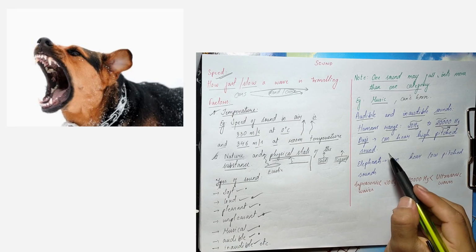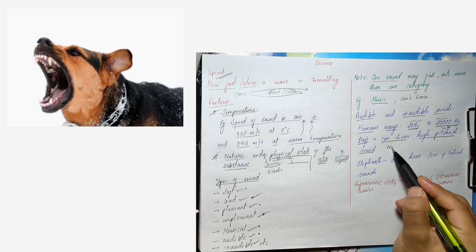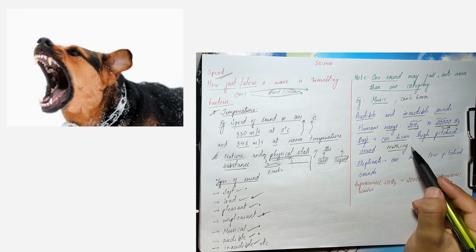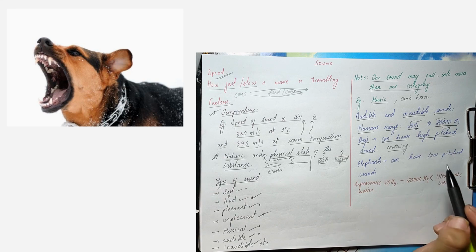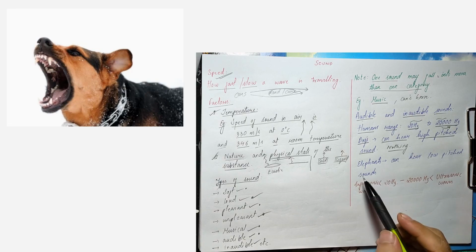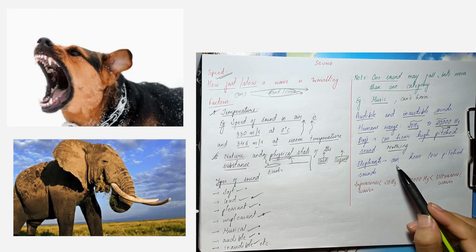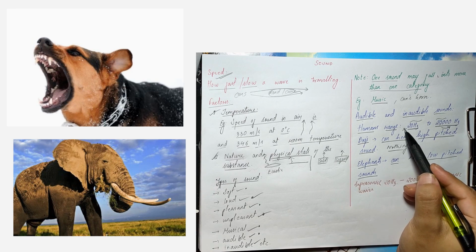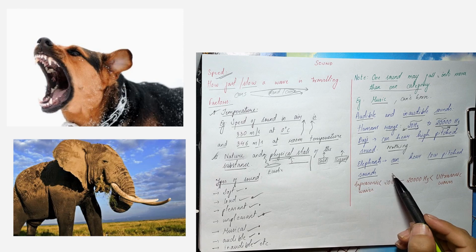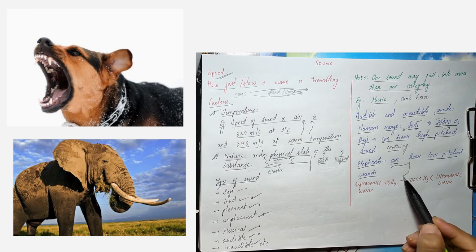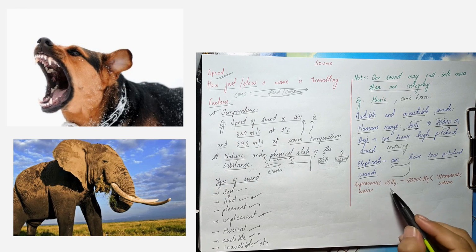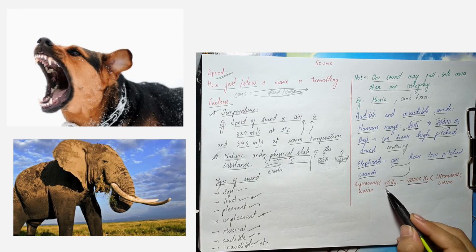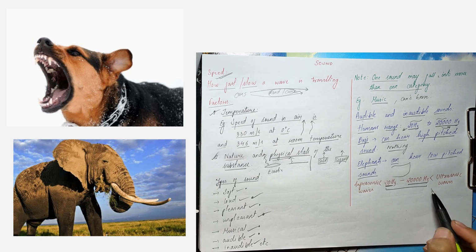This is why even when we hear nothing outside, we hear the dogs barking, because they can hear some sound which we cannot. Similarly, elephants can hear low pitched sounds, again below 20 hertz, which we cannot hear, thanks to their big ears. So 20 hertz to 20 kilohertz is our audible range.